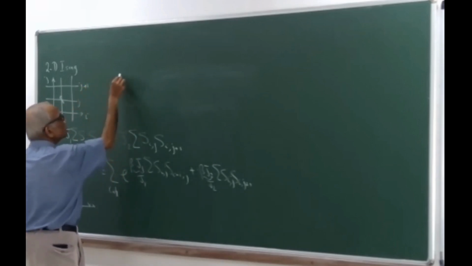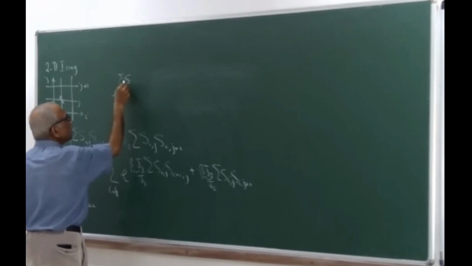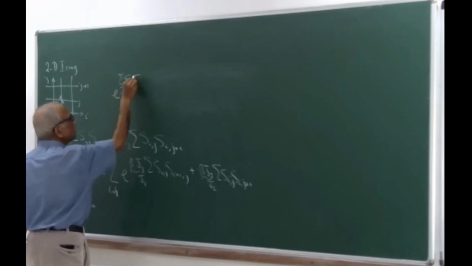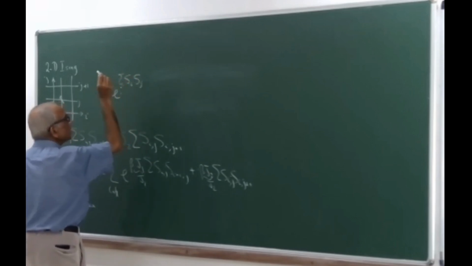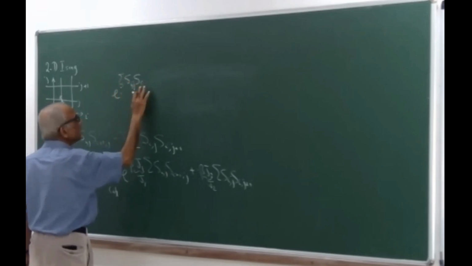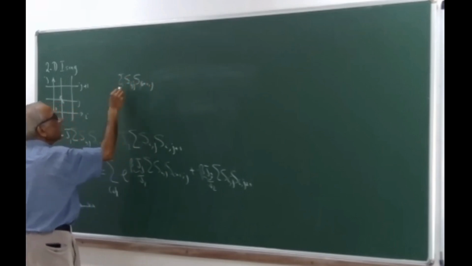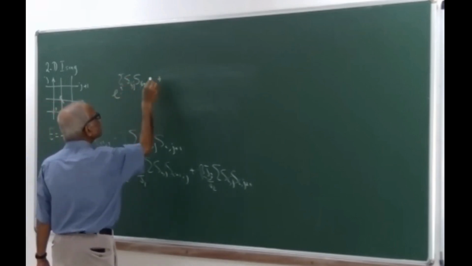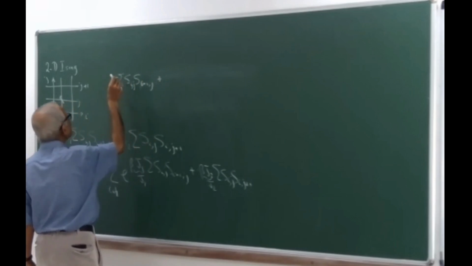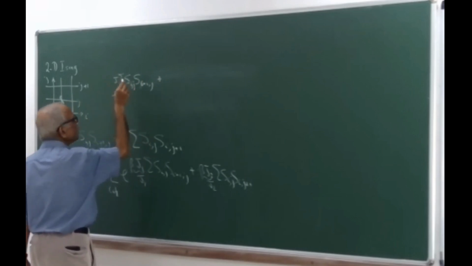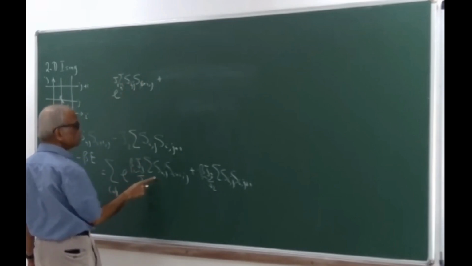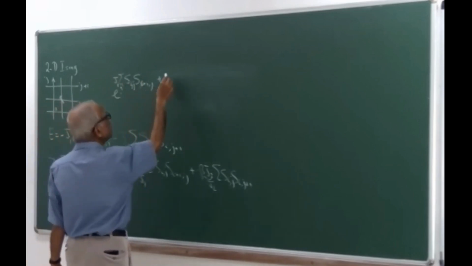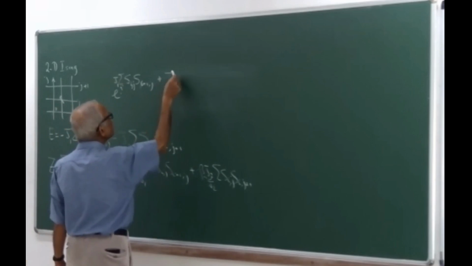So there is a summation over i of S_ij and S_{i+1}j, with J1, and there is a J2.